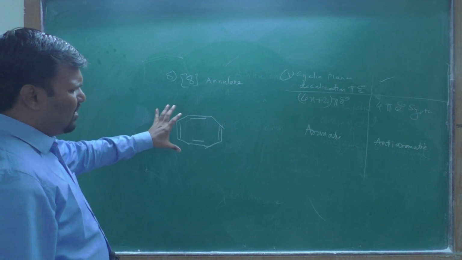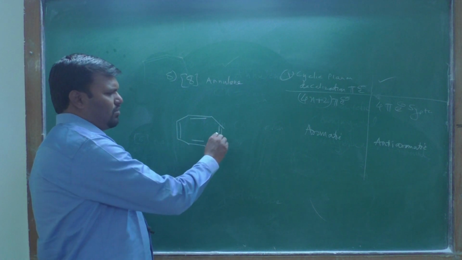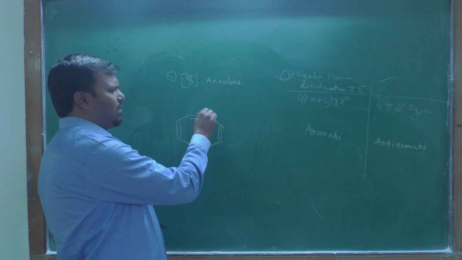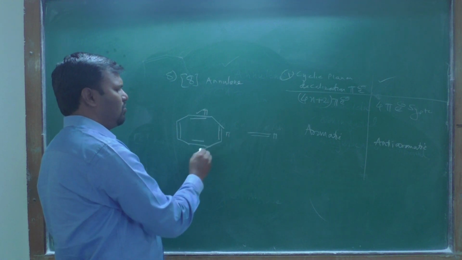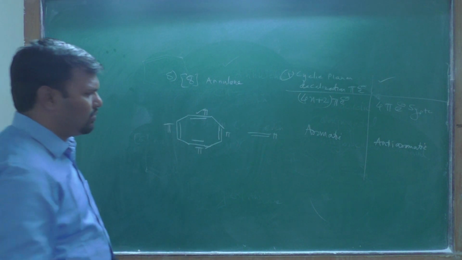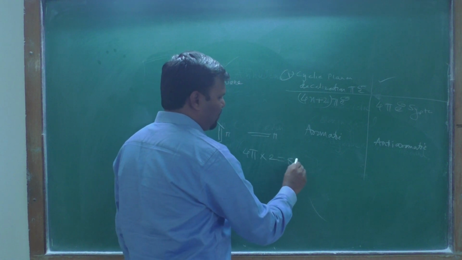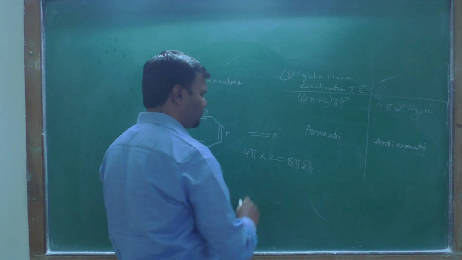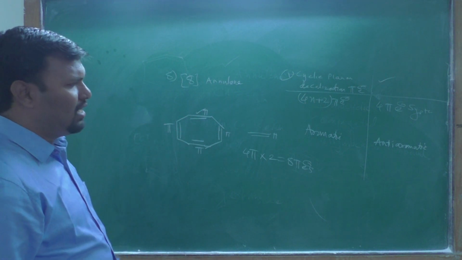When you see this compound, it has 4 double bonds. Double bond means you consider the pi electrons: first pi bond, second, third, and fourth. There are 4 pi bonds, each having 2 electrons, therefore it is an 8 pi electron system.